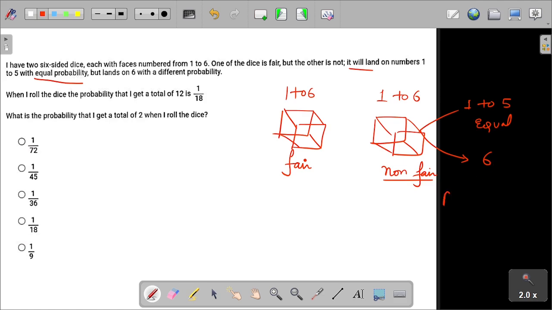That is, the probability of being 1 is equal to the probability of being 2, equal to the probability of 3, 4 and 5, but that is not equal to the probability of landing 6.